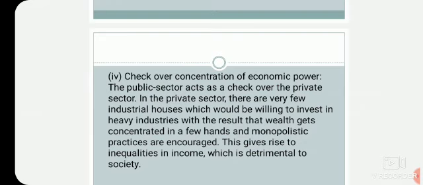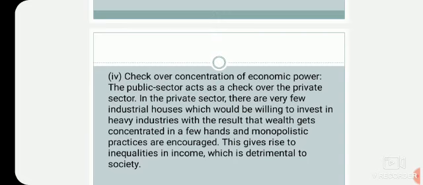So the public sector acts as a check over the private sector. In the private sector, there are very few industrial houses which would be willing to invest in heavy industries, with the result that wealth gets concentrated in a few hands and monopolistic practices are encouraged.